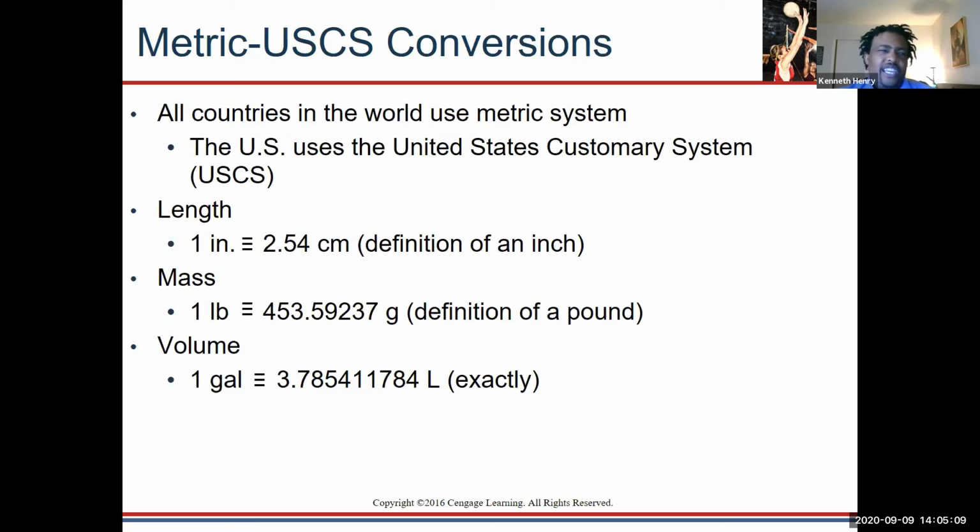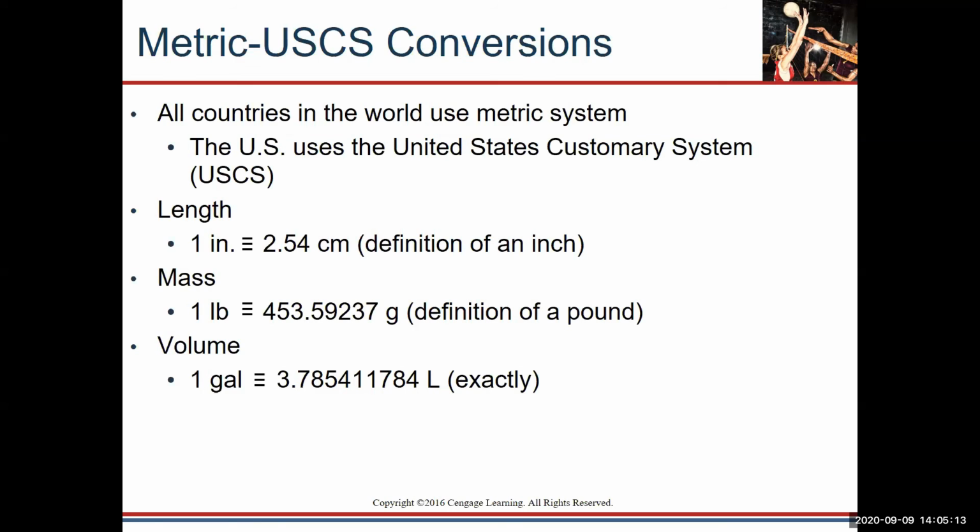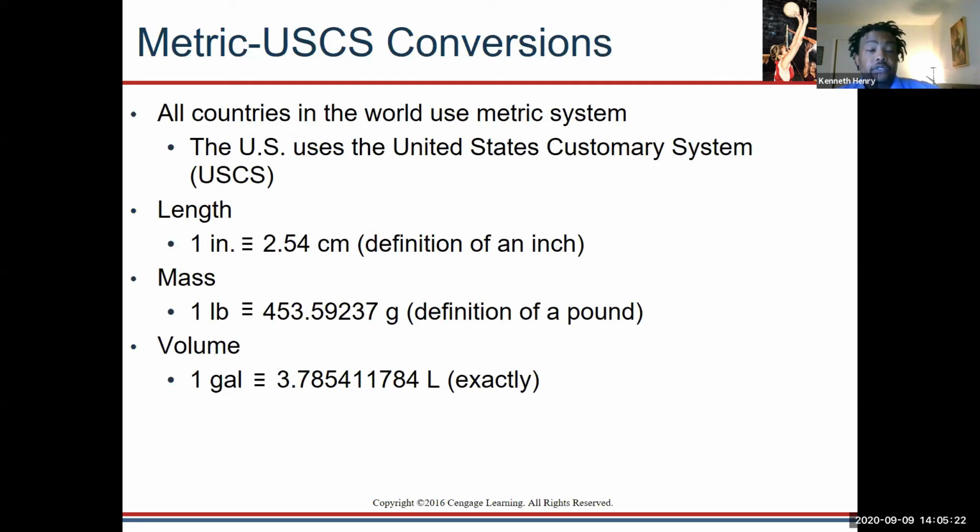That's basically where the inch came from and the foot came from, okay? So we need to be able to convert from the metric system to the US customary system and vice versa. You need to be able to go both ways, right?